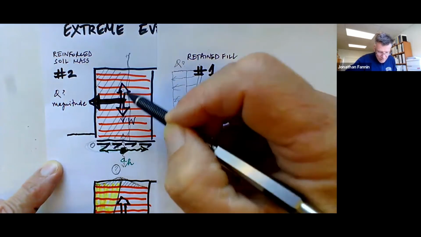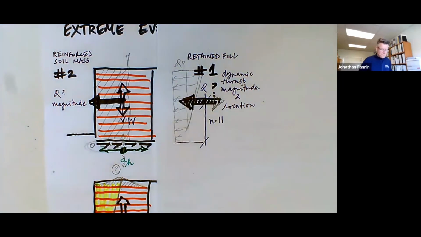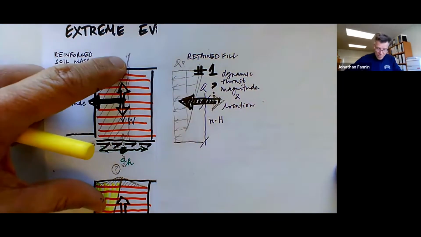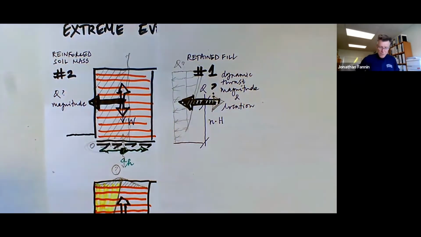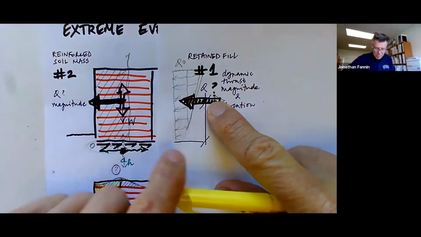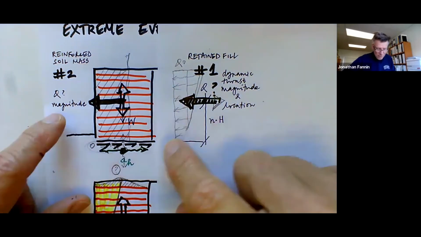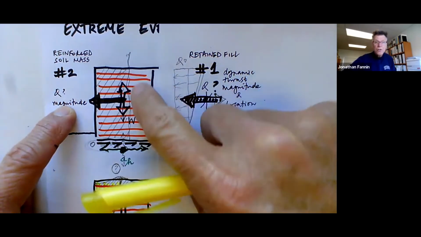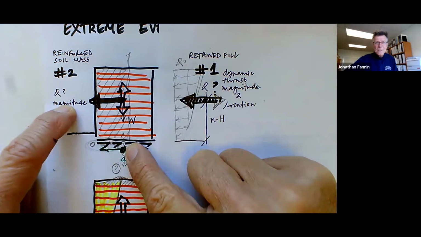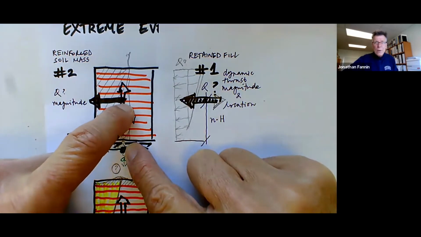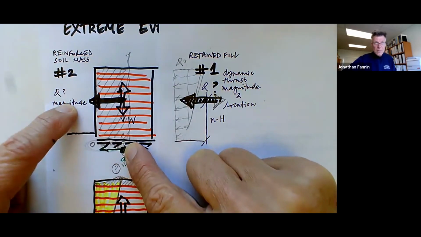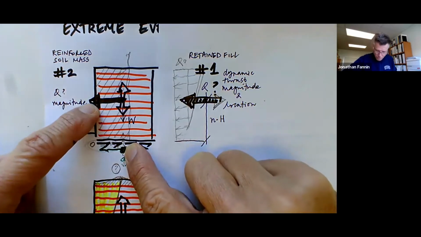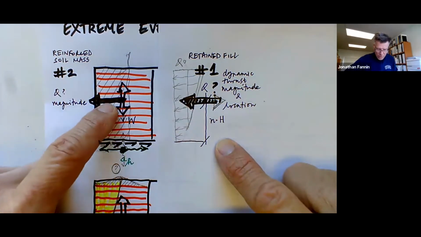Maybe we'll take some proportion of this mass. So the magnitude of this is influenced by the retained fill, and the magnitude of this is influenced by the proportion of the reinforced soil mass that we're going to accept as our incremental demand, and we know its location.